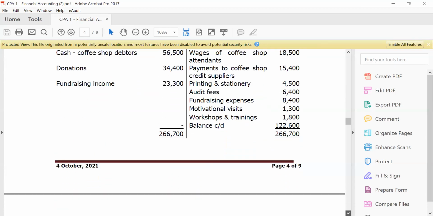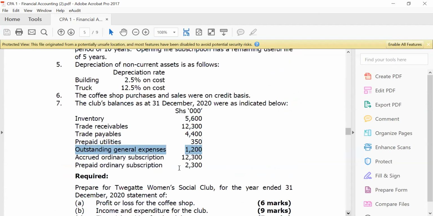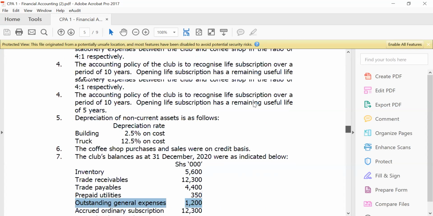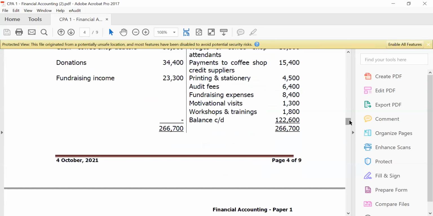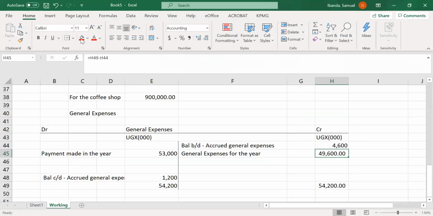So yes, you paid 53,000 partly for the balance of last year and partly for this year. But in addition to that, there are some general expenses that relate to this year that were not paid. So when you get this 1,200 and add it to the 48,400 that we were remaining with after we had subtracted 4,600, you actually come to 49,600.